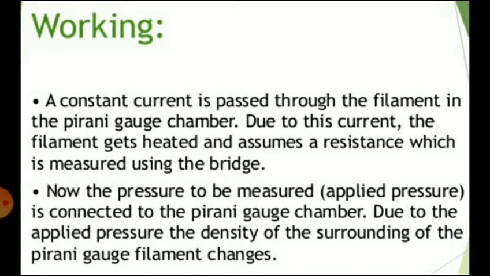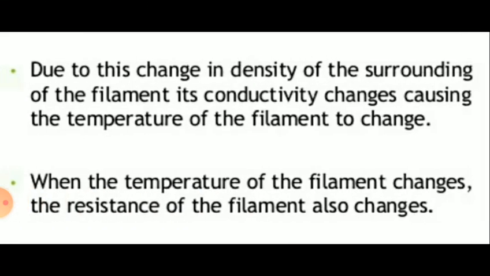A constant current is passed through the filament in the Pirani gauge chamber. Due to this current, the filament gets heated and assumes a resistance which is measured using the bridge circuit. Now the pressure to be measured, that is the applied pressure, is connected to the Pirani gauge chamber. Due to the applied pressure, the density of the surrounding of the Pirani gauge filament changes. Due to this change in density, its conductivity changes, causing the temperature of the filament to change.